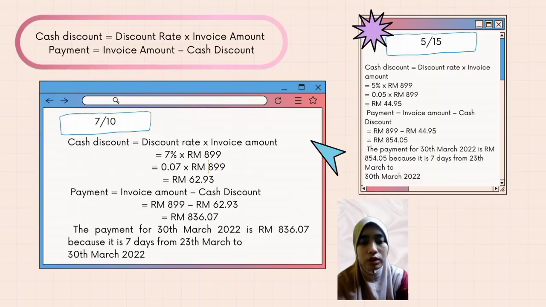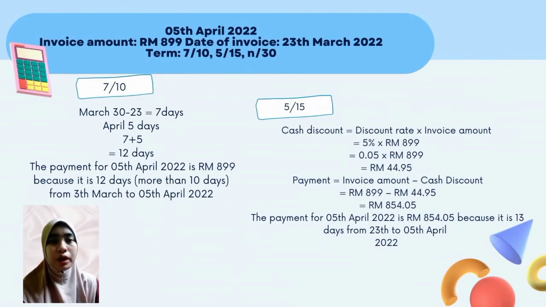to 3rd March in 2022. So for 5 April 2022, in terms of 7/10, March 31 minus 23 equal to 7 days, and April 5 days, 7 plus 5 equal to 12 days. The payment for 5 April 2022 is RM899 because it is 12 days, more than 10 days, from 23rd March to 5 April in 2022. In terms 5/15, cash discount is 0.05 multiplied by 899, equal to RM44.95.